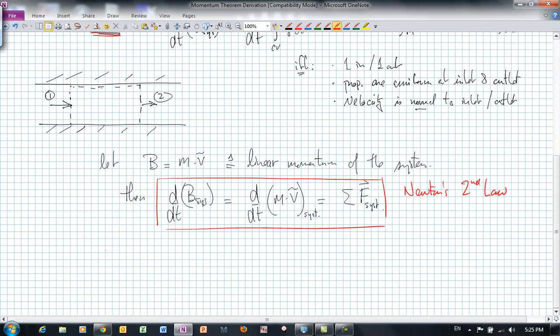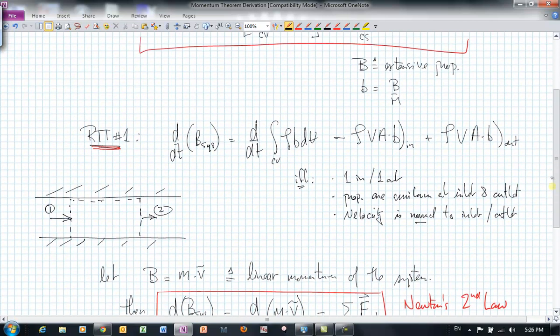So what we've got, very simply put, is B system is equal to m times v, which means that little b is equal to big B over m, which is mv over m, which is equal to the velocity only.